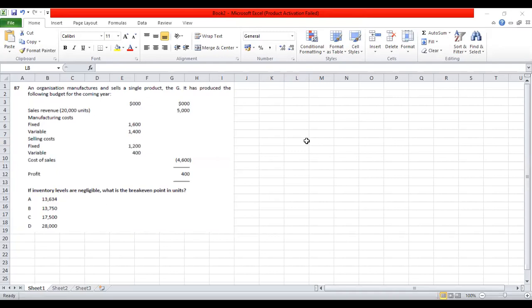Selling costs are also given as fixed and variable. Then cost of sales is given. Profit amount is given. If inventory levels are negligible, what is the break-even point in units? So let's work it out.